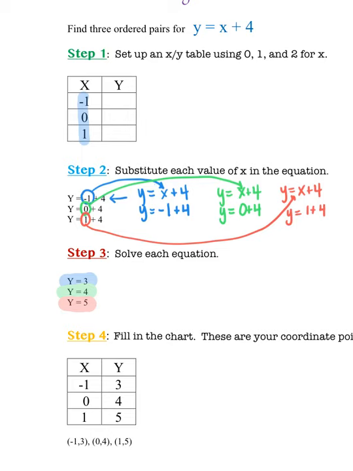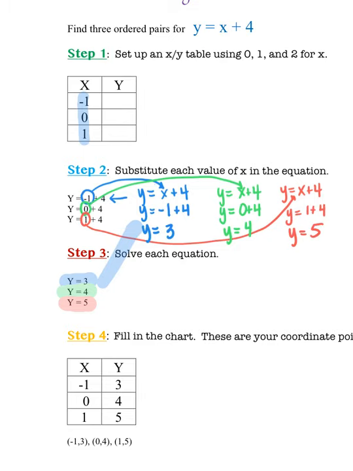And I got those answers from up here: -1 plus 4 is 3, 0 plus 4 is 4, and 1 plus 4 is 5.